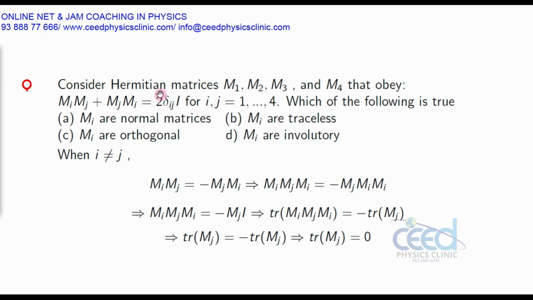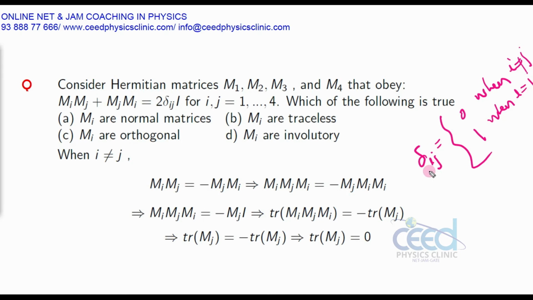When i is not equal to j, this delta ij value is 0. That is the Kronecker delta symbol. We have already discussed this symbol: delta ij is 0 when i is not equal to j, and its value is 1 when i is equal to j. This is the value of the Kronecker delta symbol.